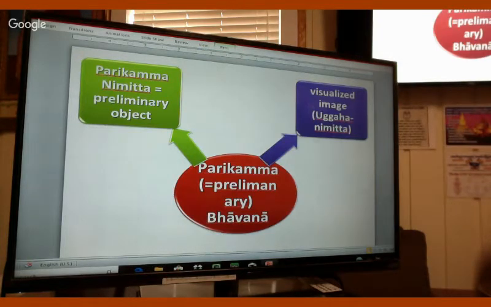Appana bhavana is our aim. But the two kinds of appana bhavana are different. Samatha appana bhavana is just absorption. Vipassana bhavana is not just absorption. Vipassana bhavana is to realize the reality or truth. Yeah, it's different.